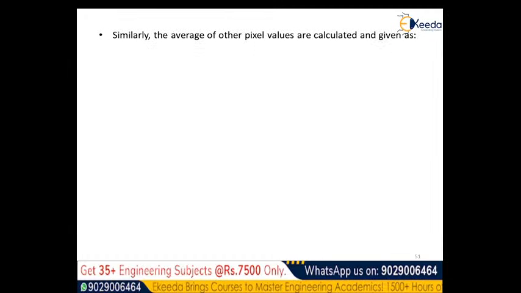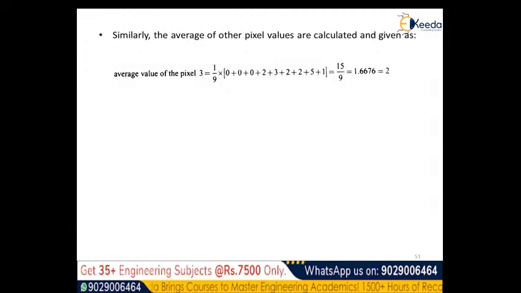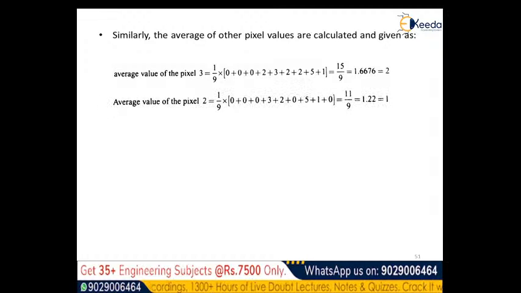For the pixel represented by 3, the computation of the average value after zero padding gives us 1.6676, and it can be rounded to the value 2. Next, we have the computation of the average for the pixel represented by 2. The addition gets us to the value 11, which is to be divided by 9.